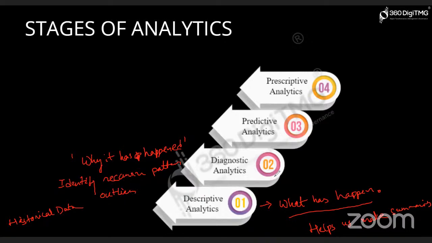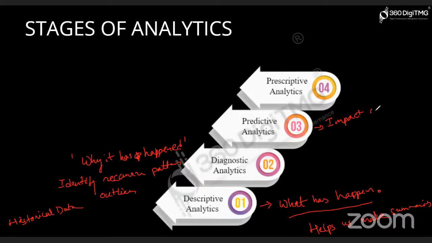The next step is predictive analytics. Here we try to find out the impact of this what on the future. We try to determine the future impact of this problem, and what will change in the future.